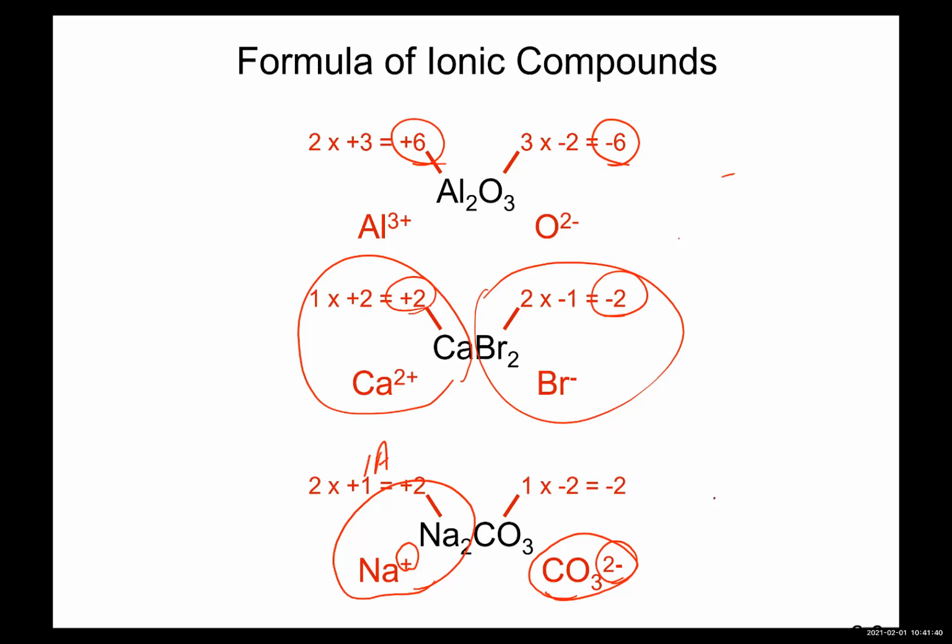So can I say -2 for 1 carbonate and +1 for each of 2 sodium, +2, they add up to be 0. So that is the correct formula. So correct formulas are obtained by figuring out the positive and negative charges of the ions, drop and switch, then you get the right formula.